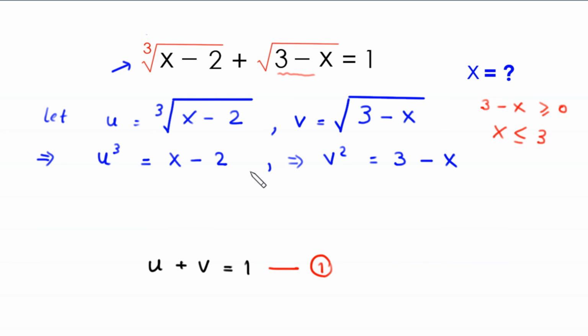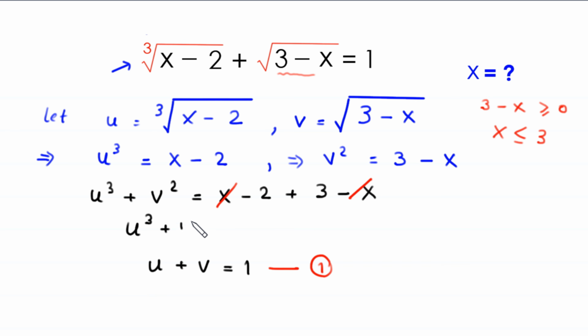We add these two equations, so u cubed plus v squared equal to x minus 2 plus 3 minus x. The negative x will be cancelled out with the positive x, and we are left with u cubed plus v squared equal to 3 minus 2, which is 1. Let's call this equation number 2.